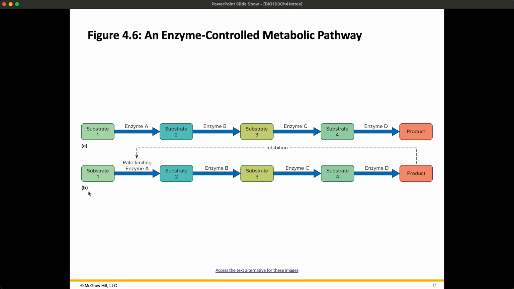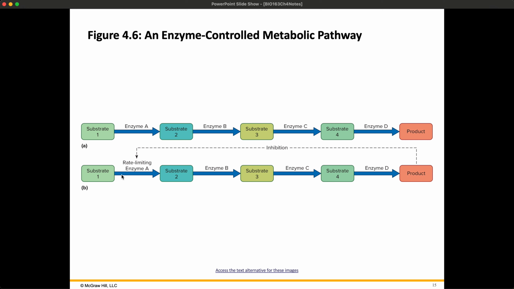And in the second line, we're seeing how the final product here is the rate limiter for enzyme A. So more product builds up. It could be something that might bind to a portion of enzyme A, not the active site, but a different site on enzyme A, and that causes enzyme A to be inhibited, not able to bind any more substrate.